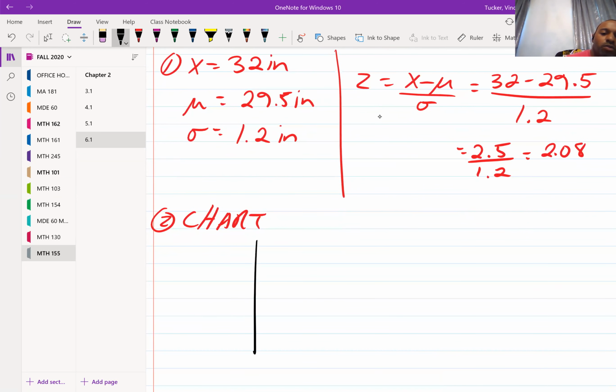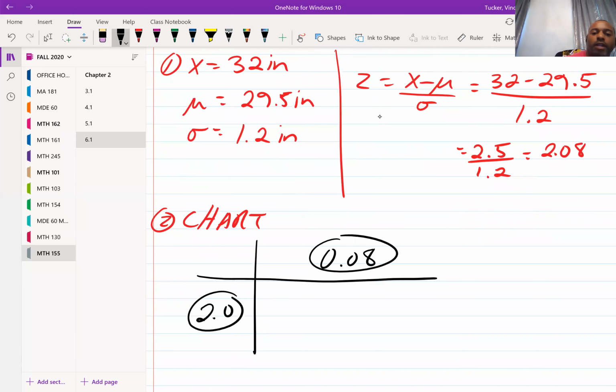So we look for 2.0 on the left column, 0.8 top row, and look for it to meet up in the chart. And 2.0. And 0.9812. So I'm looking at 0.9812.